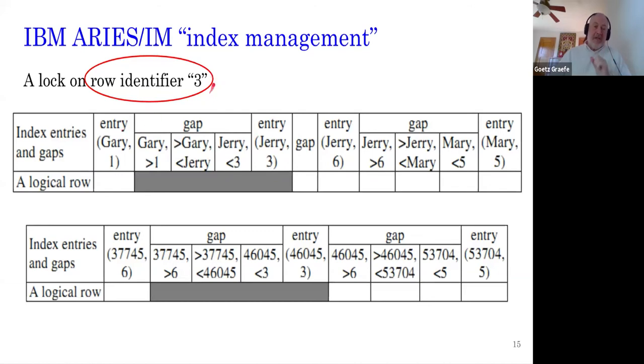The problem, or one possible problem, is that if we lock row identifier 3, we actually lock row identifier 3 across all indexes. So if you have another index on zip code or postal code, when you lock row 3, you lock this index entry that belongs to that row, and then the entire gap to the left too. Sometimes that's good, sometimes that's bad. So anyway, that's hopefully understandable how large each lock scope is in ARIES index management locking.